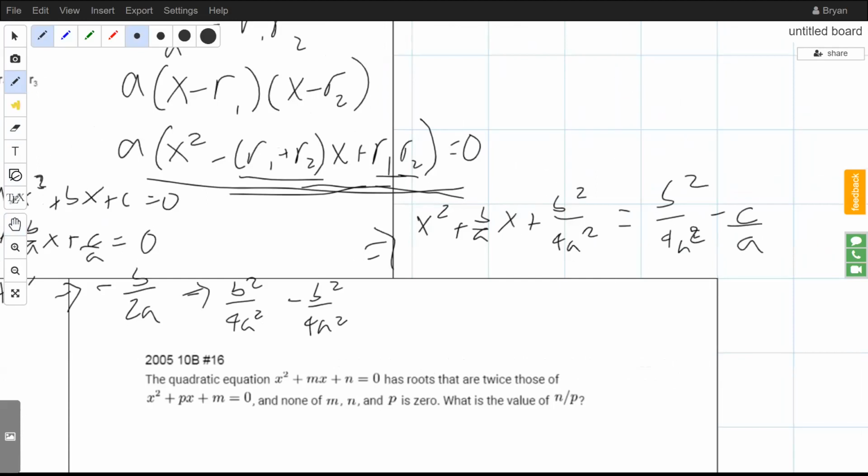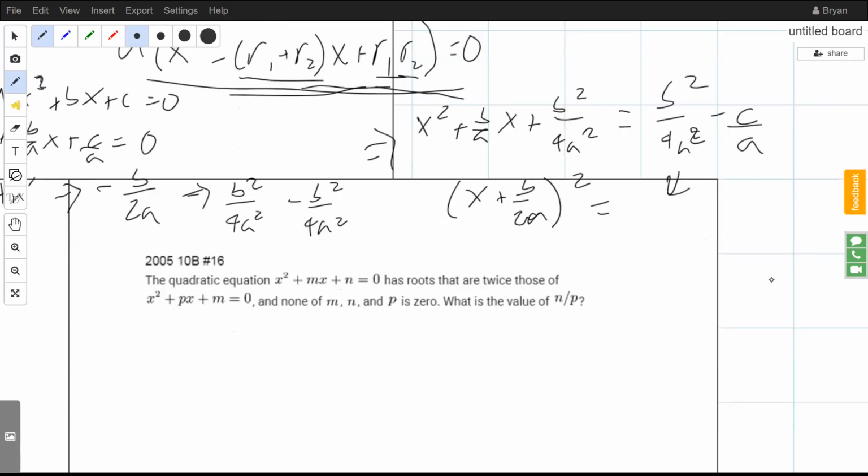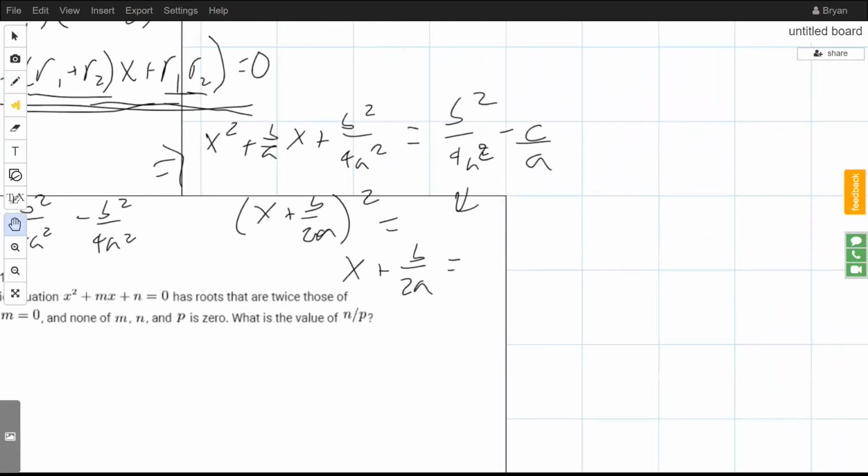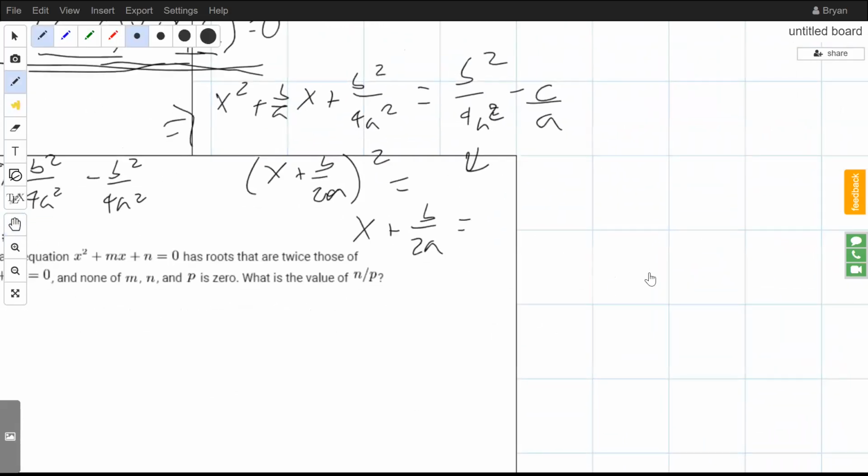Right? And this would be x plus b over 2a, squared, is equal to whatever this thing is. So then you simply just take the square root, and x plus b over 2a is going to be equal to the square root of whatever this side is.